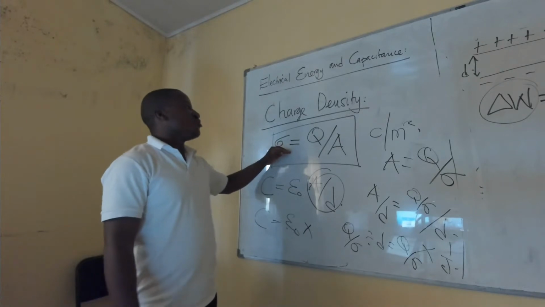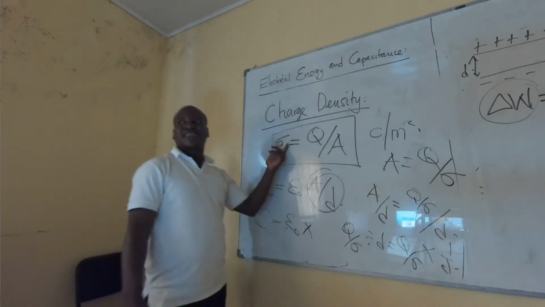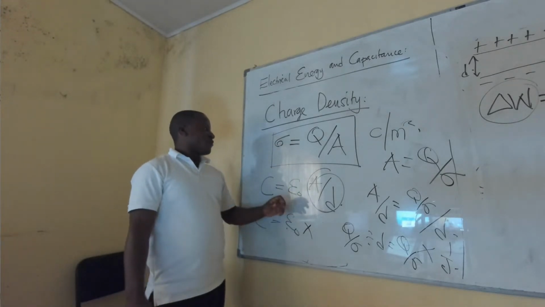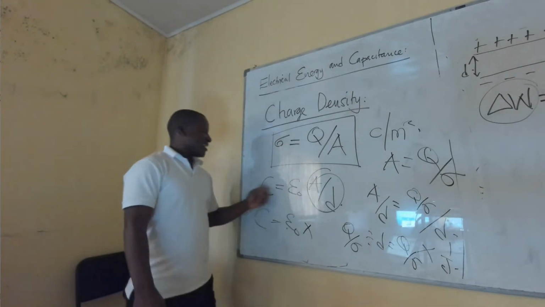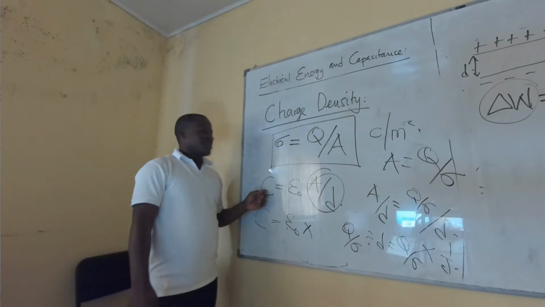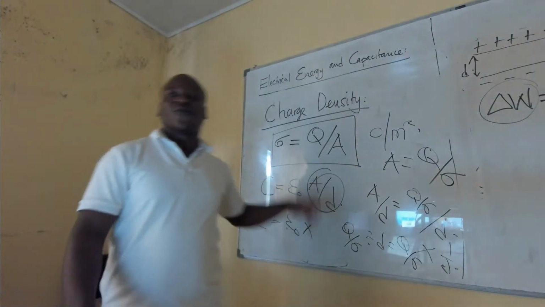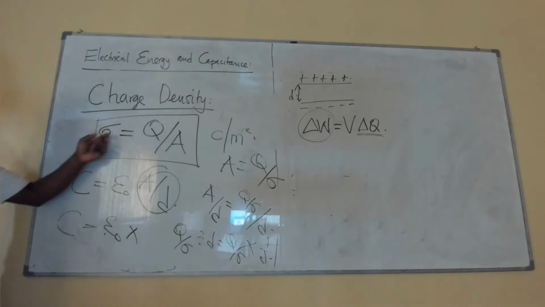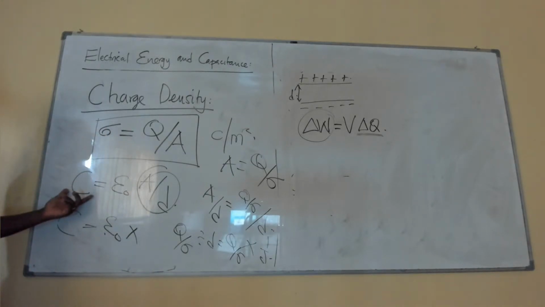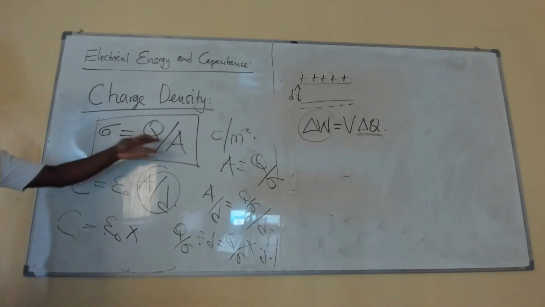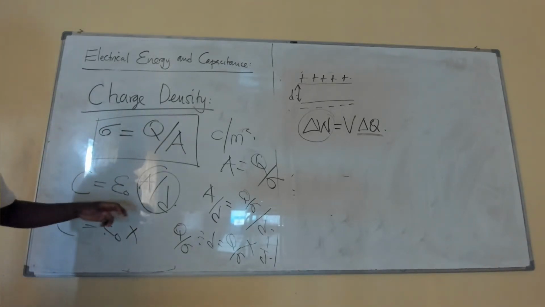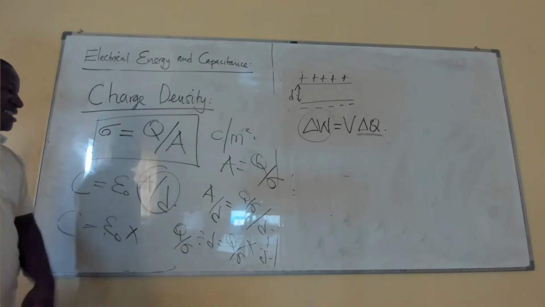At times you may be asked to find the charge density, but what you've been given is the capacitance. So you need to know how to find the relationship between charge density and capacitance. We know that charge density is equal to charge over area, and capacitance is equal to epsilon 0 multiplied by area over d.